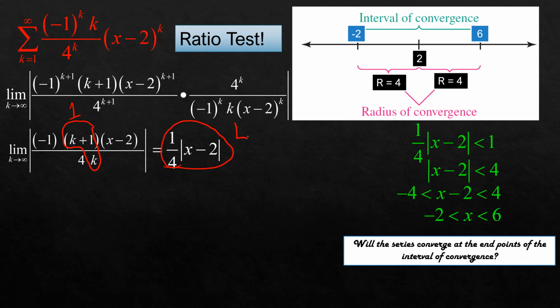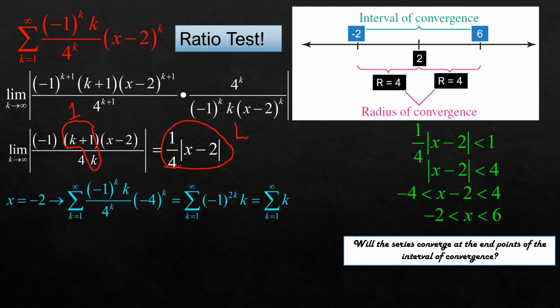At the endpoints -2 and 6, we just have to plug those x values into the original series. When x is equal to -2, we simplify, clean up, and we end up with the series from 1 to infinity of k. That obviously diverges, because the divergence test says the limit as k goes to infinity of k is infinity, and it diverges.